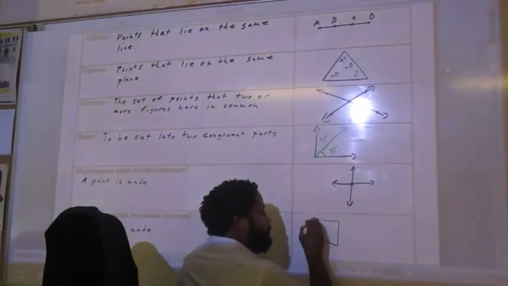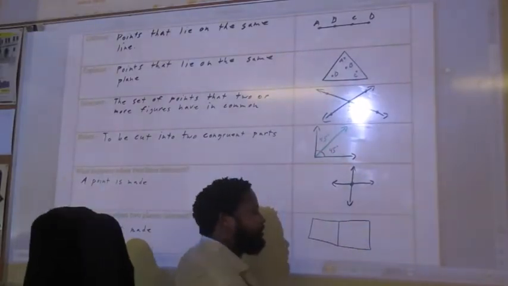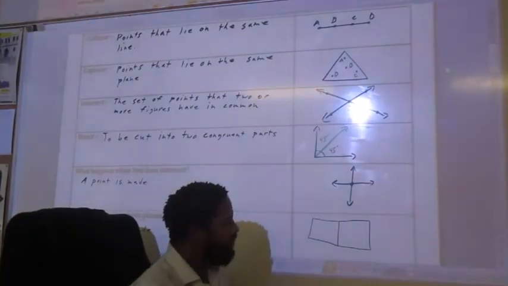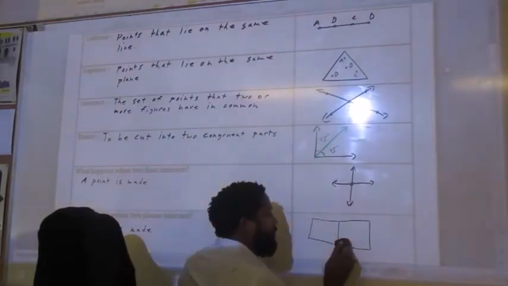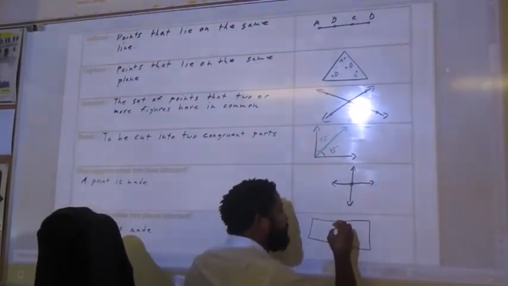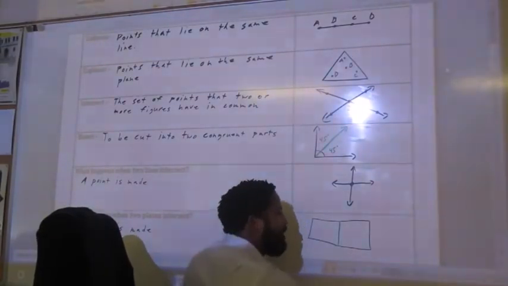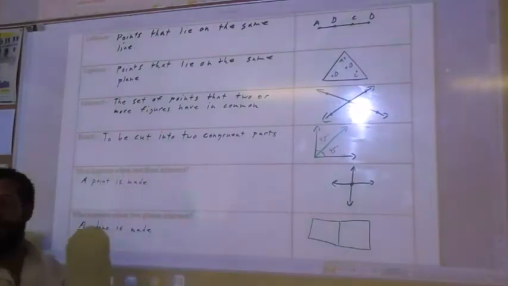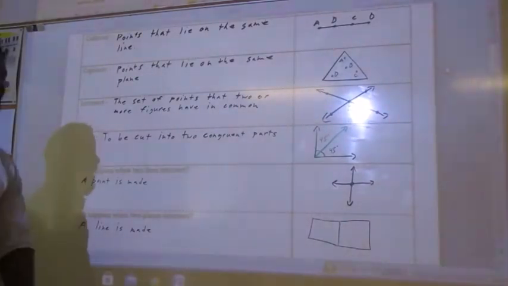Okay? You don't even have to do the line. When two planes intersect, they form a line. Okay? It's that simple. And we're gonna get more into that when we discuss three-dimensional figures. All right?